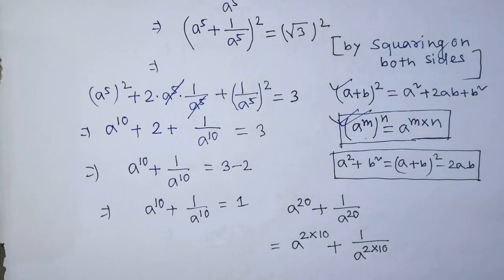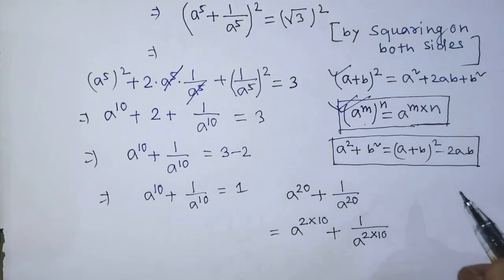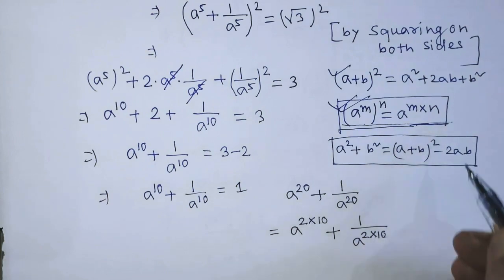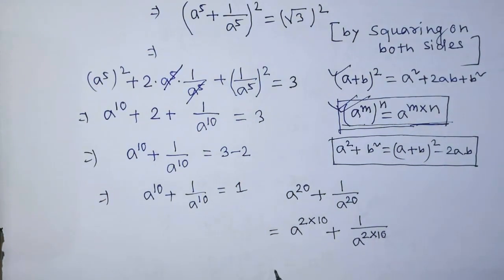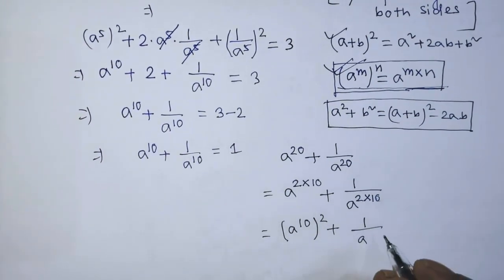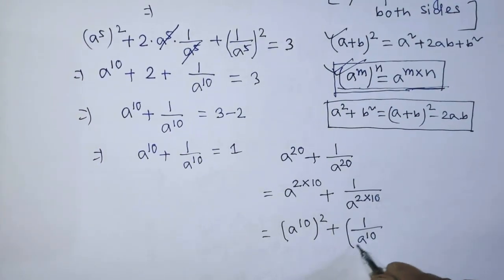So student, according to this formula we can write from this algebraic expression (a to the power 10) whole to the power 2 plus (1 over a to the power 10) whole to the power 2.